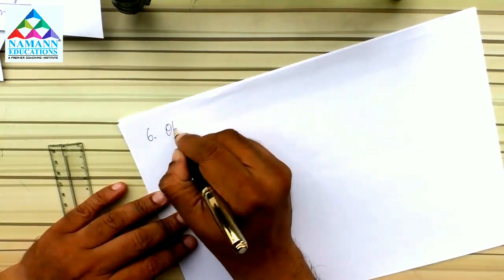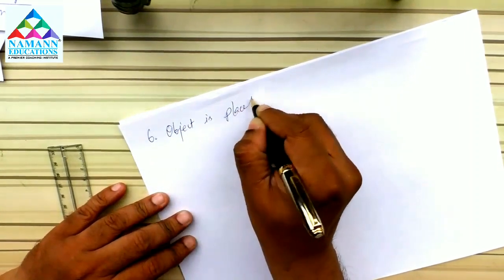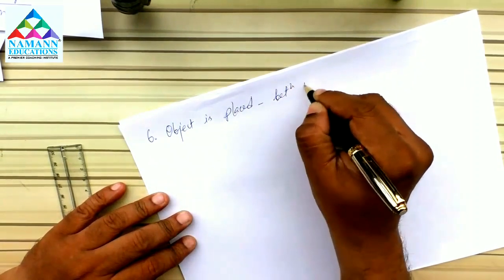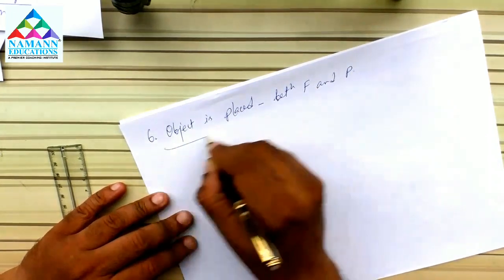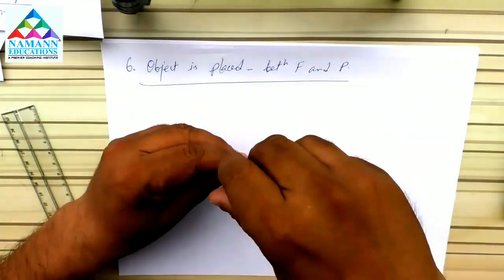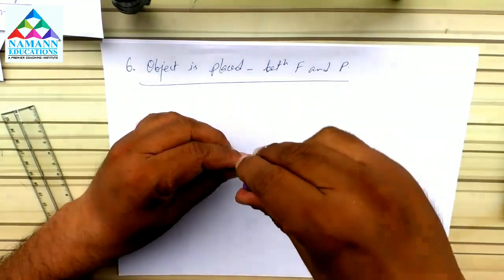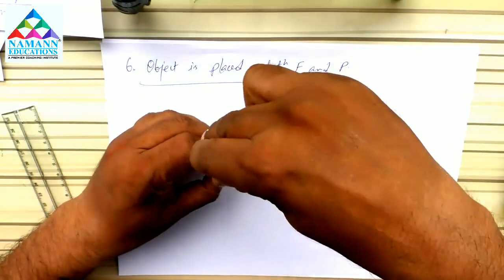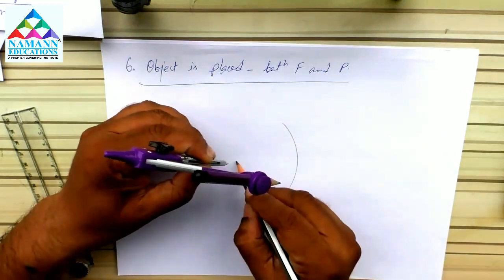Object is placed between F and P. So we can draw the mirror using the compass. This is concave mirror, and we can mark the center of curvature. This point is the center of curvature.